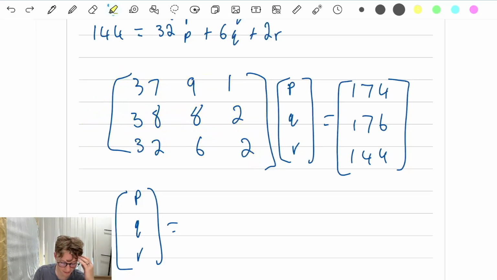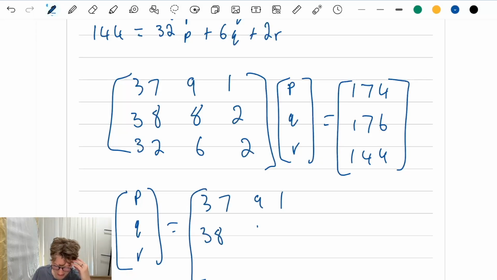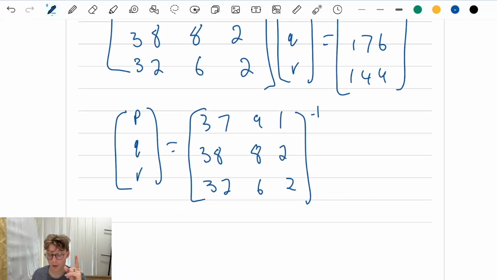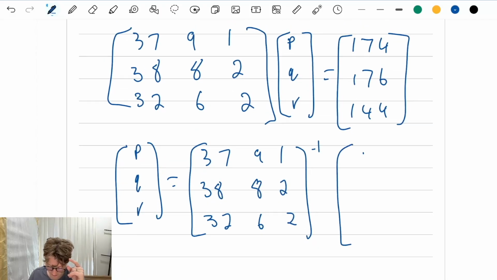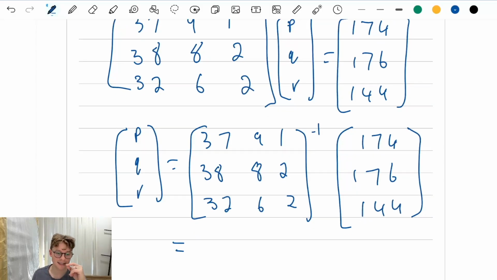I'm just going to get rid of that because I feel like that makes it look messier, which is simply just on the calculator. All of this is tech active. 37, 9, 1, 38, 8, 2, 32, 6, 2, all to the power of -1, multiplied by 174, 176, and 144. If I do that, I get an answer.